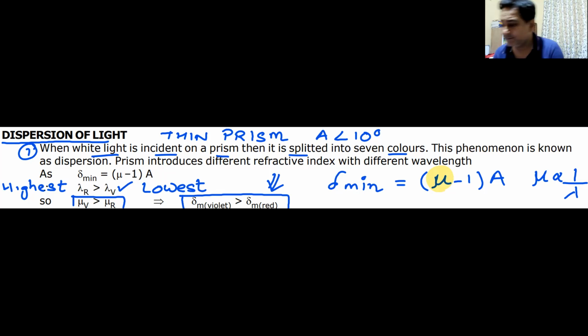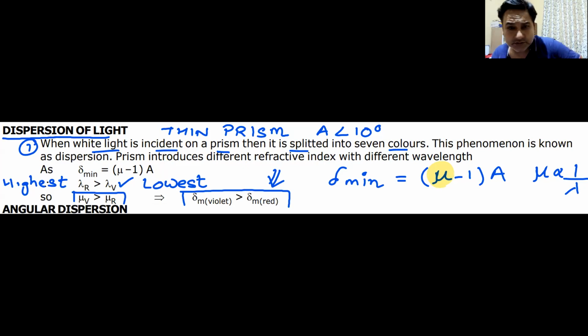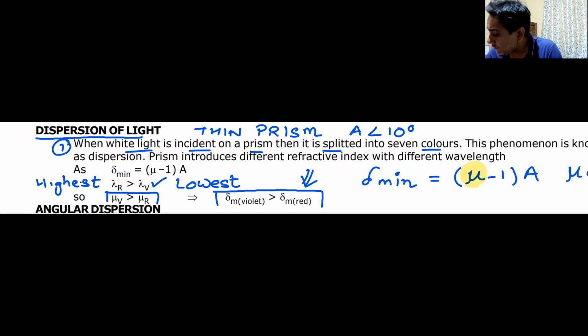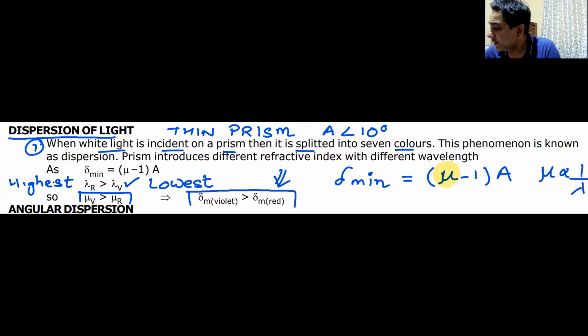The answer is on your screens. Violet color, sir. Violet color will get deviated the most because mu for violet is more than anything else.